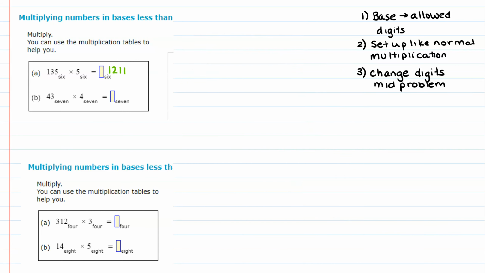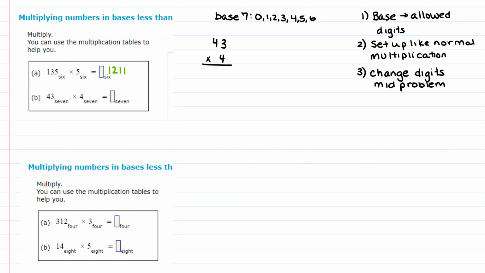Okay, let's try again. So let's do 43 times 4 in base 7. So just to keep a reminder, base 7, the allowed digits are 0, 1, 2, 3, 4, 5, 6.